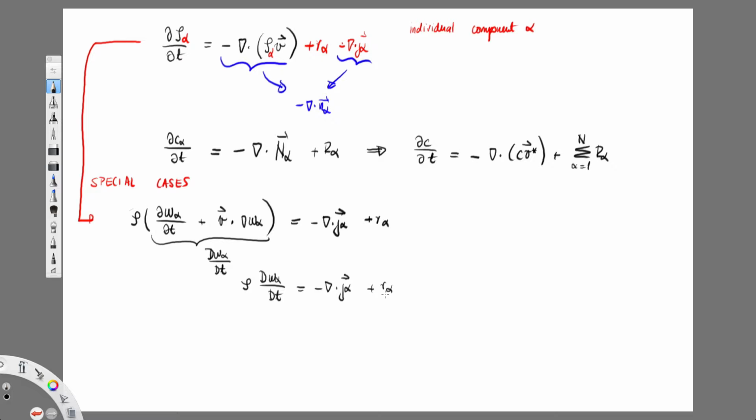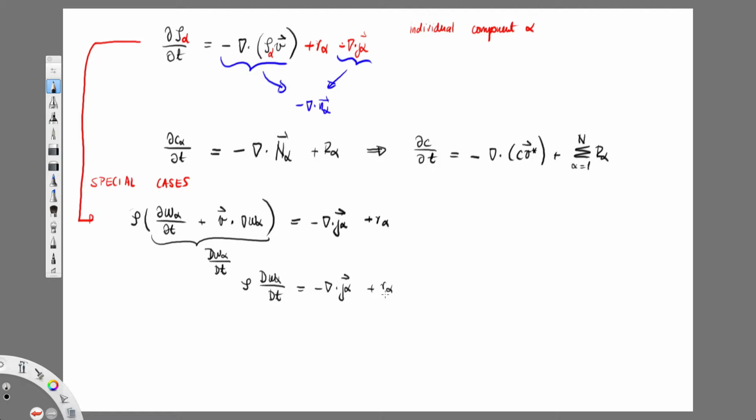And then the special case that we actually use the most times, or two special cases that we use the most times when solving problems, is the following. I'm going to assume a binary mixture, which often means there's a species I'm tracking and the others are just lumped into one.